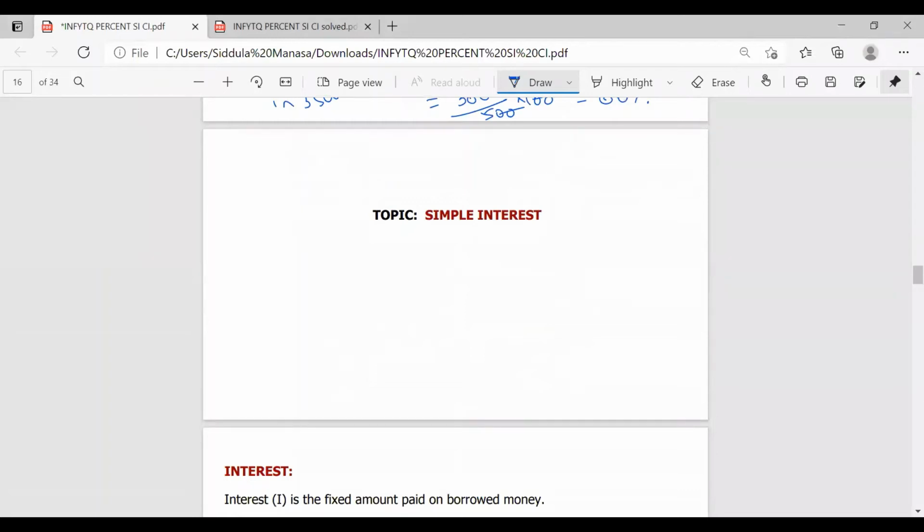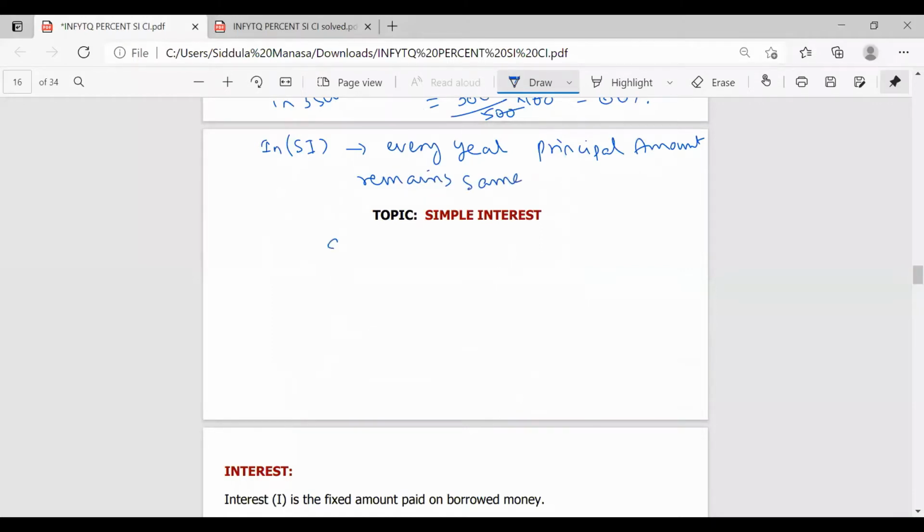So what is the difference between simple interest and compound interest? In the simple interest concept, every year the principal amount remains the same.